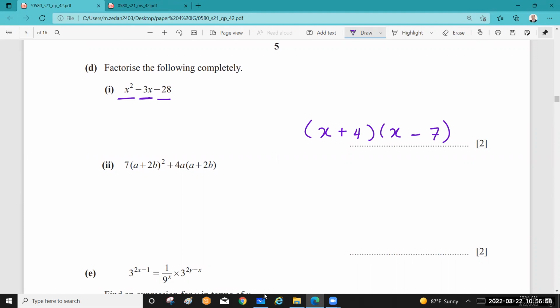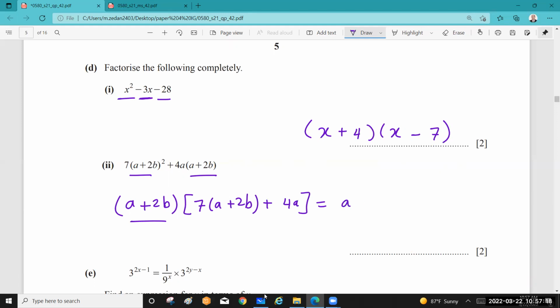It's very simple. Here, for factorization, you have a common factor, a plus 2b, so just take it outside. Remaining inside is 7 times (a plus 2b), because it was a square, you took 1 outside, plus 4a only, okay?